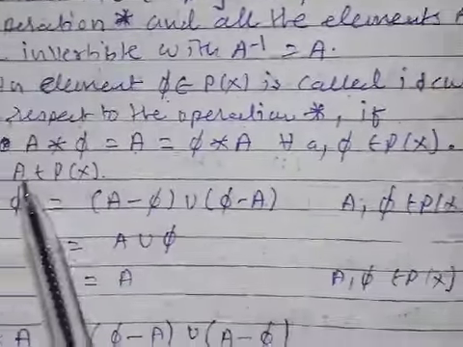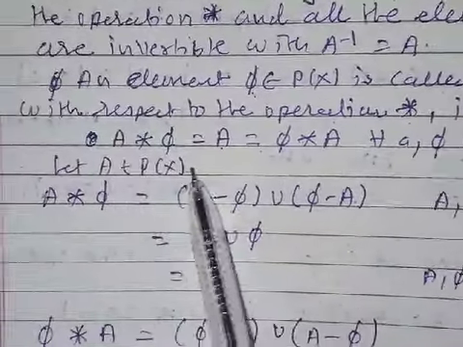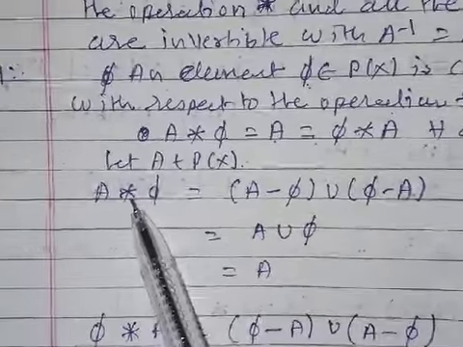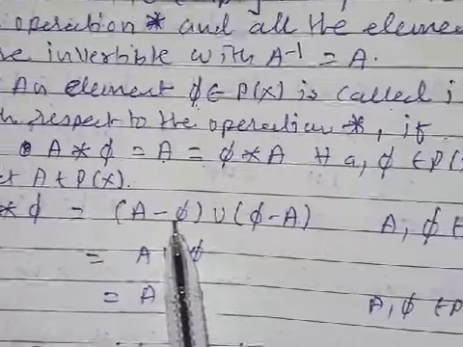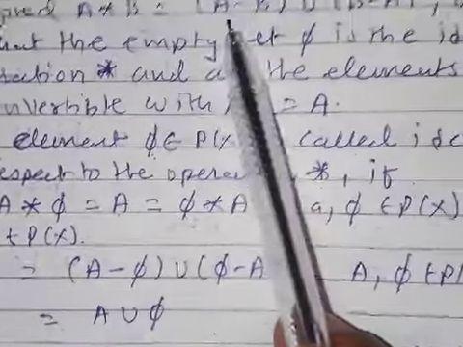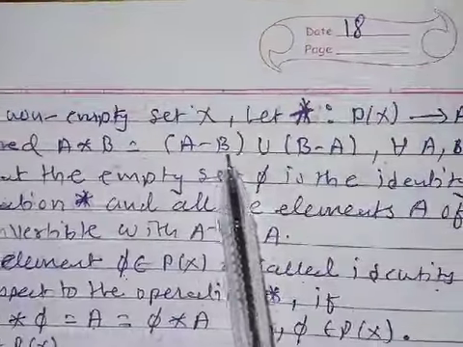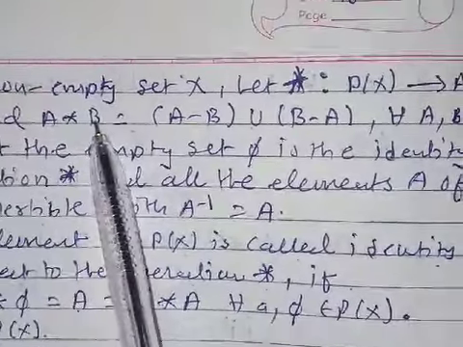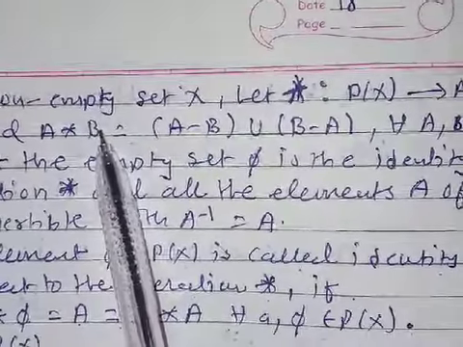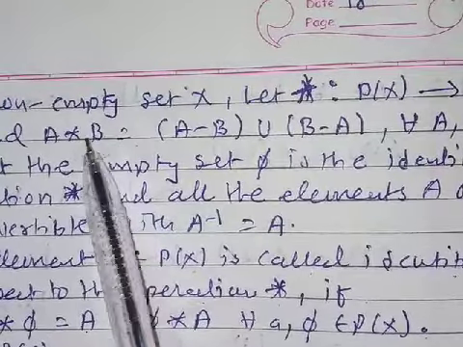Okay, let's take A belonging to P(X). Now A star phi is equal to, what is the operation? See, the operation is A minus B union B minus A. A is A, and in place of B what do you have to keep? phi. So how will it look?